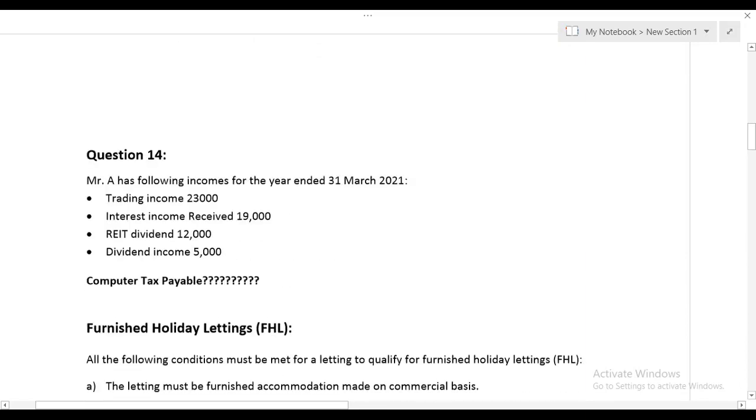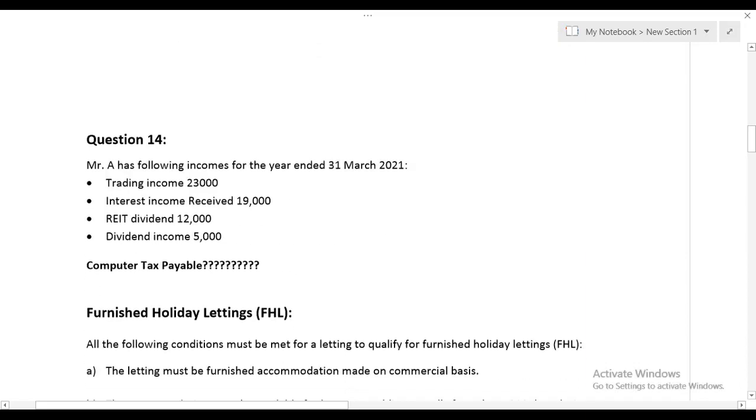So let us deal with a question so that you will get a really good idea how to deal with a real estate investment trust. Question 14. Mr. A has the following incomes for the tax year 31st March 2021. Trading income is 23,000. Interest income received is 19,000, and the real estate investment trust dividend is 12,000.